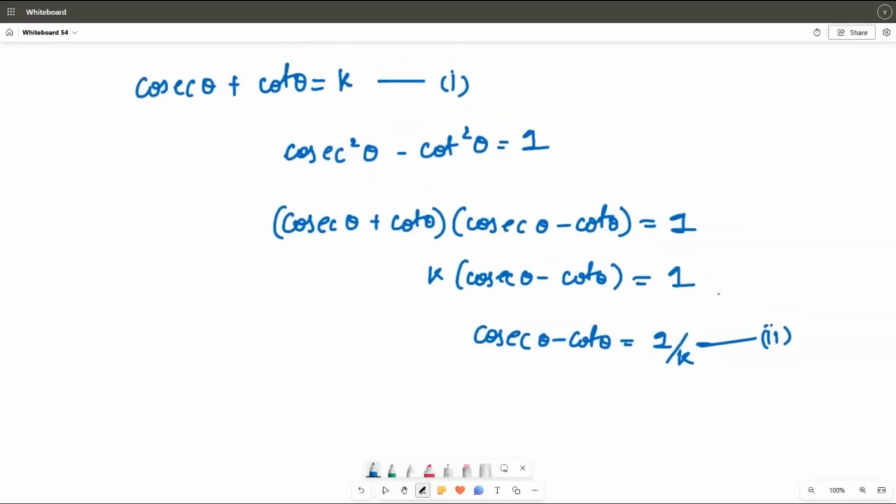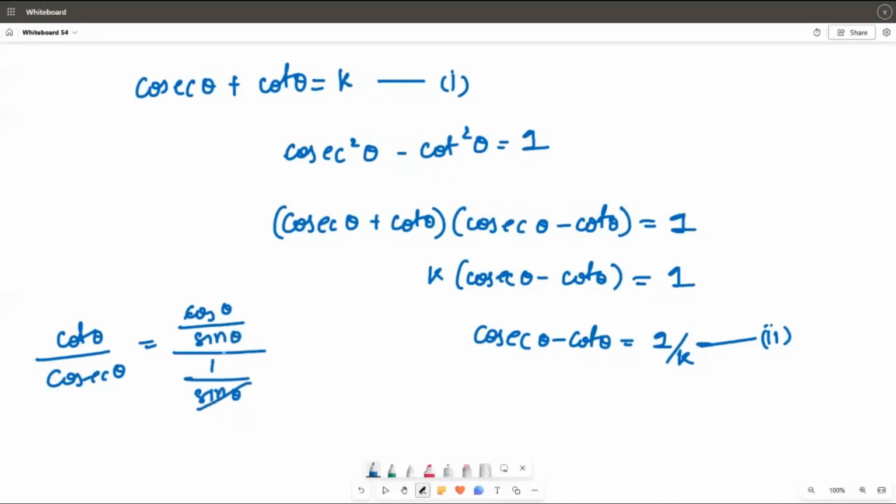I want the values of cot and cosecant separately, because if I divide cot theta by cosecant theta, then cot theta is cos theta by sin theta, and cosecant theta is 1 by sin theta.